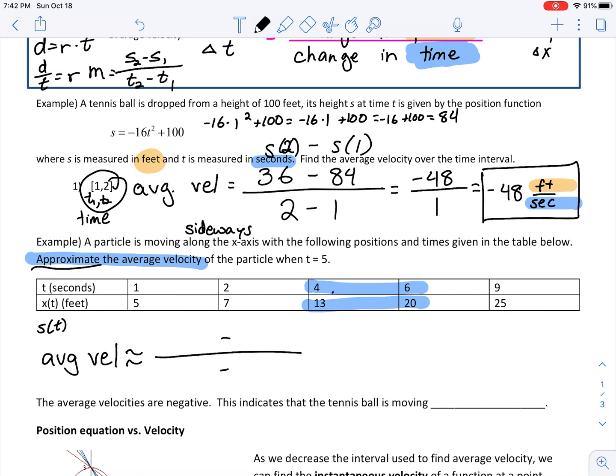It does not matter if we put the 4,13 first or the 6,20 first. Let's put the 6 and the 20 first because they happen to be bigger numbers than 4 and 13, which means when we subtract, we're going to get positives. And who doesn't like getting positive numbers instead of negative numbers? All right, so the y value is 20, the x value is 6. The y value is 13, the x value is 4 for calculating slope.